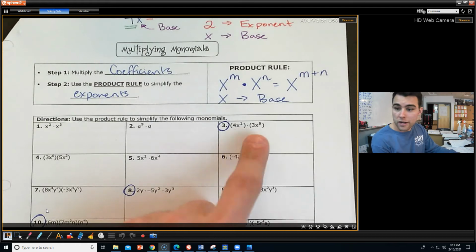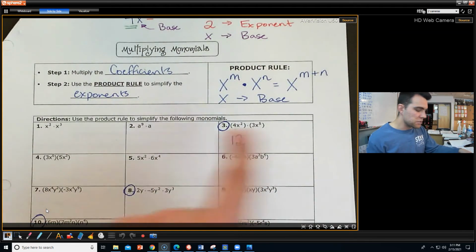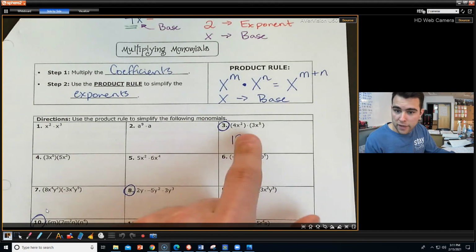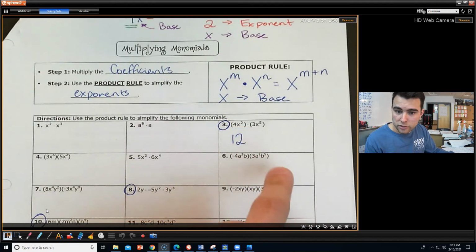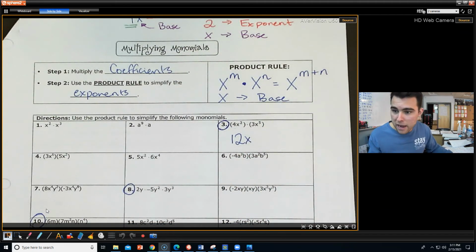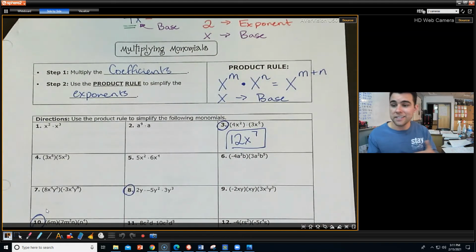I got 4 and 3. 4 times 3 is 12. And then I use this product rule to simplify the exponents. I notice my bases are both x. They're multiplying, so I'm just going to do x to the 2 plus 5 power, which is 7. And there we go. That one is complete.